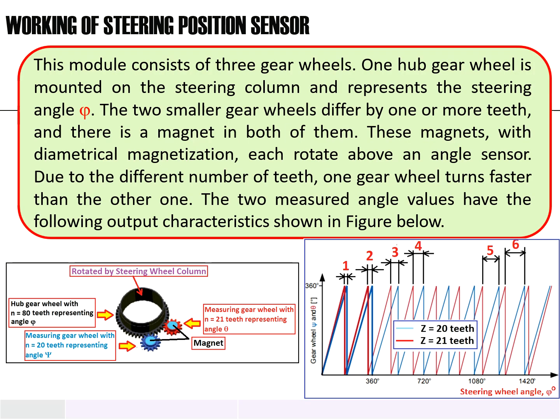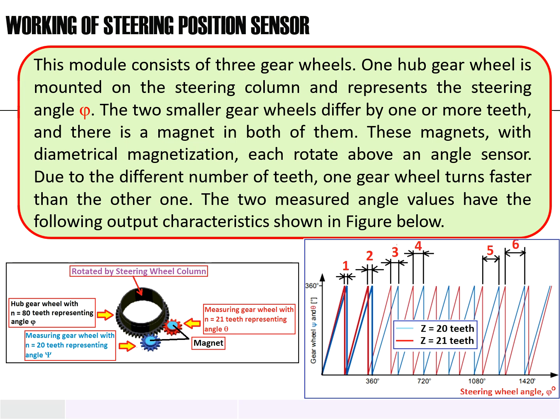Now let's look more closely at the working principle. The module consists of 3 gear wheels. The central or hub gear wheel is mounted on the steering column. This is shown in the figure. Please refer. This hub gear represents the steering angle, which is represented by the symbol phi.